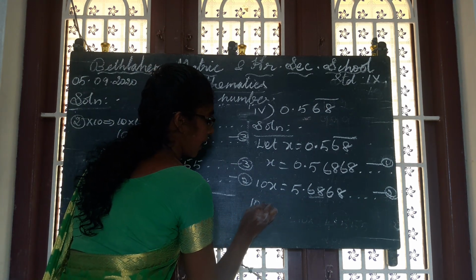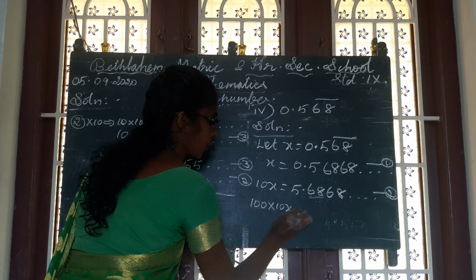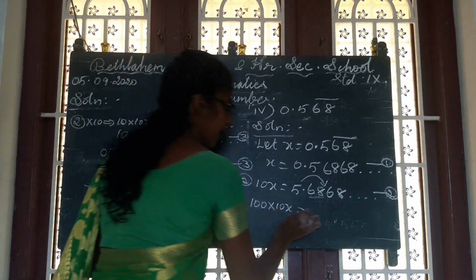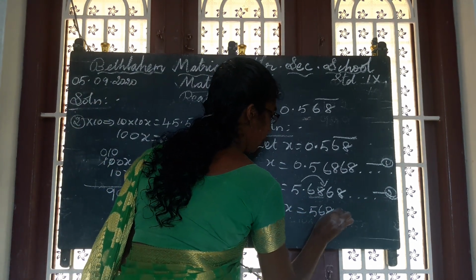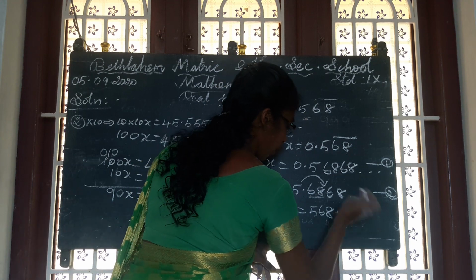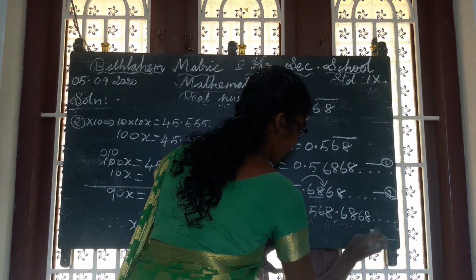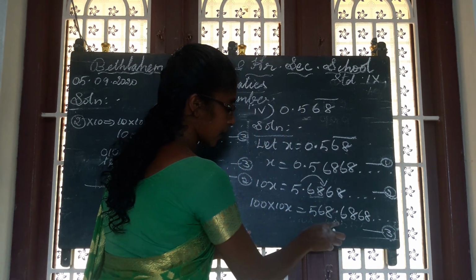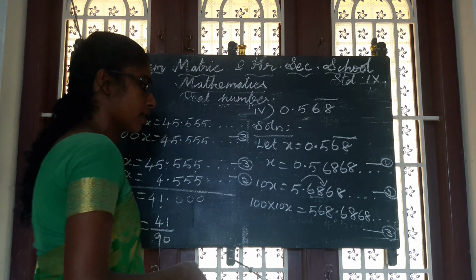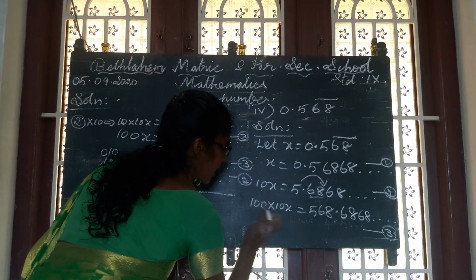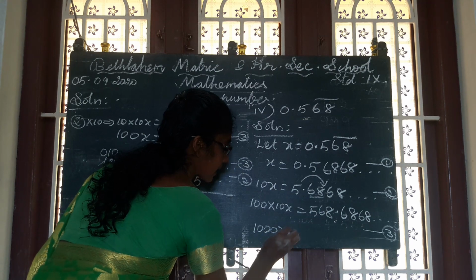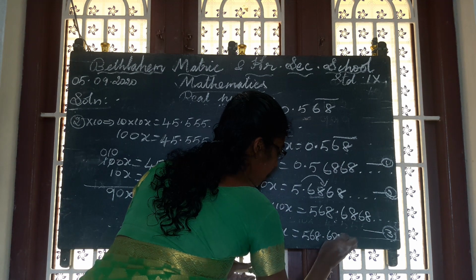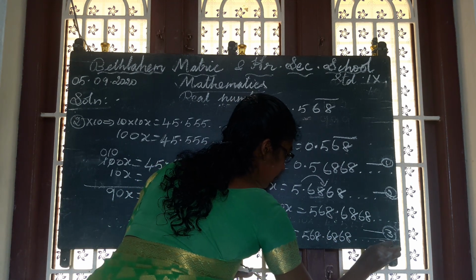So 100 into 10x is equal to, the decimal point will be moved 2 digits after, that is 568.68, one more time I am writing 68 etc. Equation 3. Then only we will get 4 digits after the decimal point, here also 4 digits. Here we will get 100 into 10 means 1000x is equal to 568.6868 etc. Equation 3.